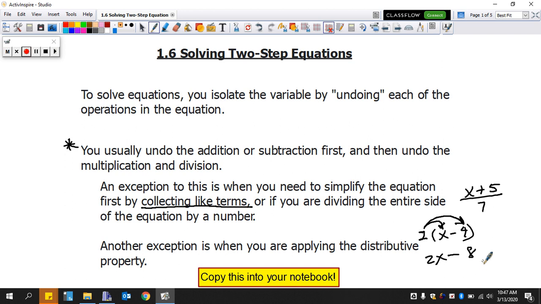So those are two or three cases where you would either collect all your like terms or do the multiplication first. Let's do a few examples here. Well, first before we do the examples, go ahead and copy these notes into your notebook.